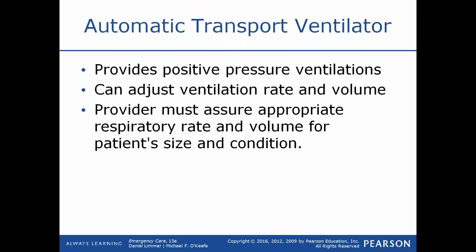It'll deliver like 12 ventilations for an adult, and somewhere around 18 or 20 ventilations for a child. And it's your responsibility to know who is which, so that you can put the proper settings on there as you attempt to ventilate your patient.